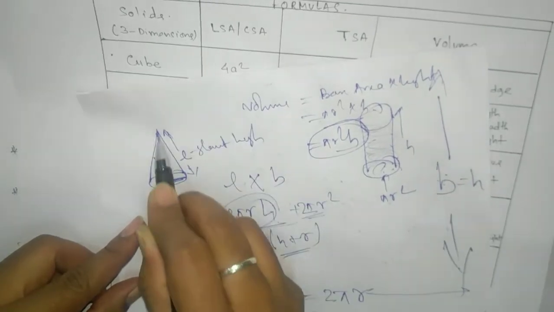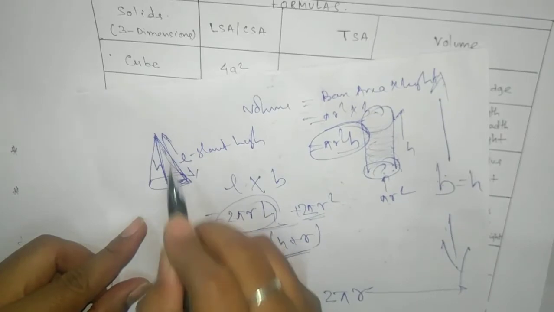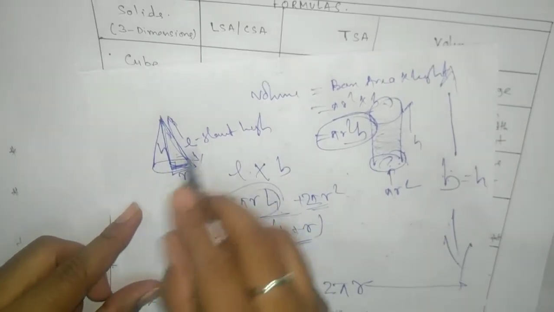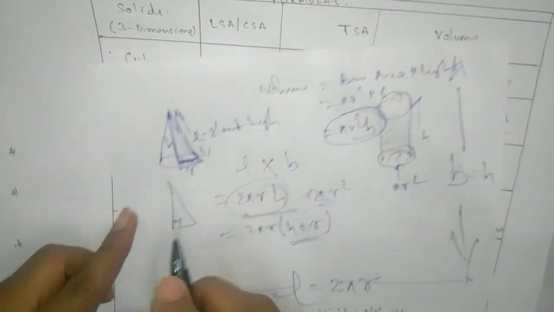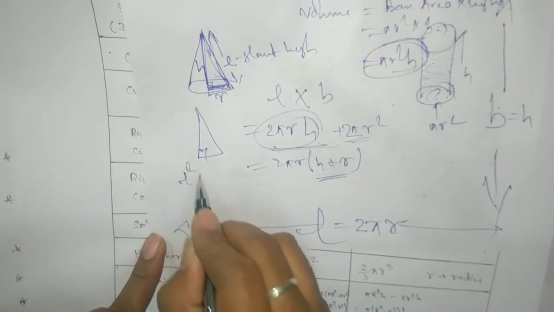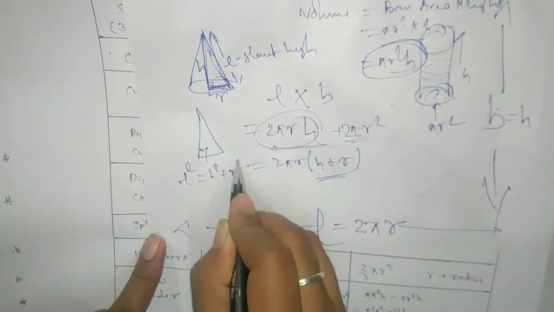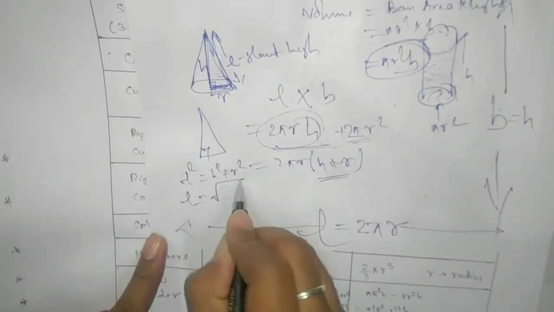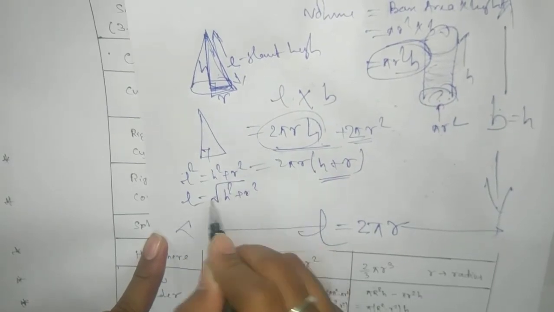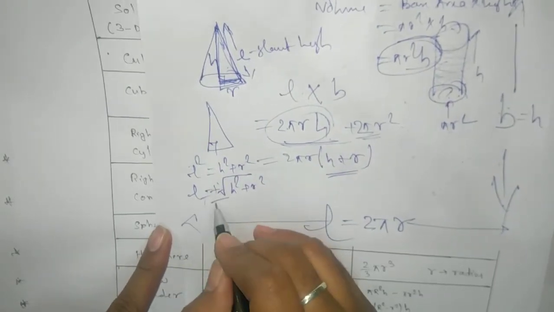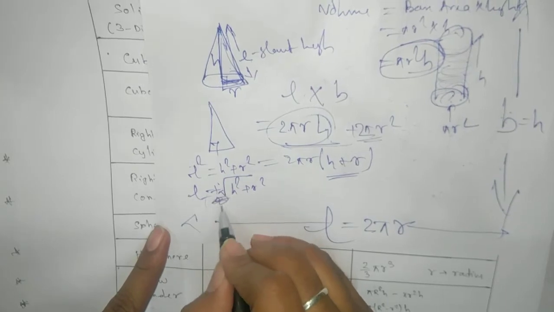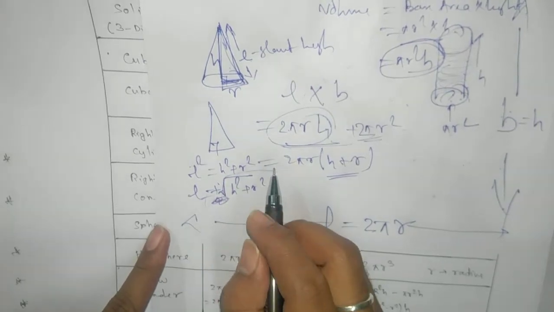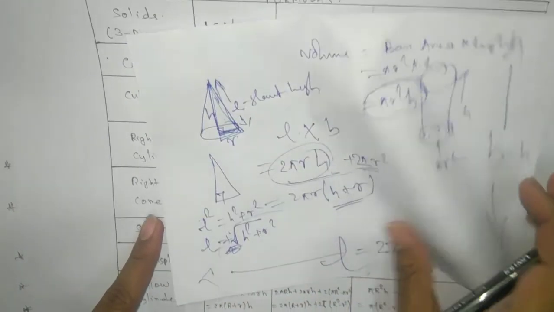And you see, they are making a right angle triangle. By Pythagoras theorem, l square equals h square plus r square, and this will give you root over h square plus r square. Plus minus will be there, but distance is never negative, so we will take only the positive part, h square plus r square.